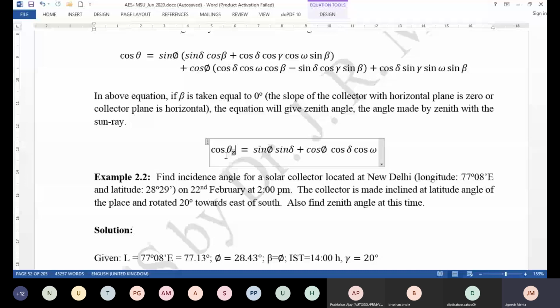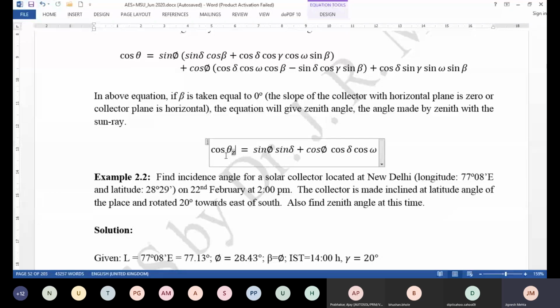So the normal to your surface is nothing but the zenith, and the incidence angle becomes equal to the zenith angle. That's why this is also the formula for theta z, the zenith angle.